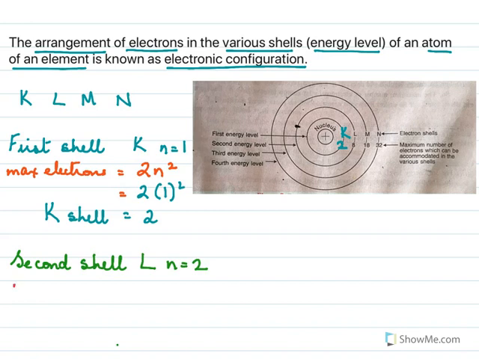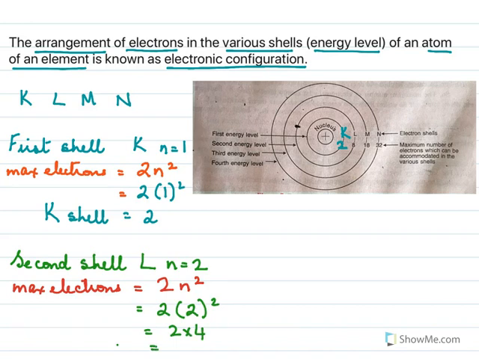The formula for maximum electrons that can be accommodated in any shell is 2n square. In this it will be 2, your n we know is 2, so 2 square, 2 into 4, that is 8. So in the L shell, a maximum of 8 electrons are accommodated.